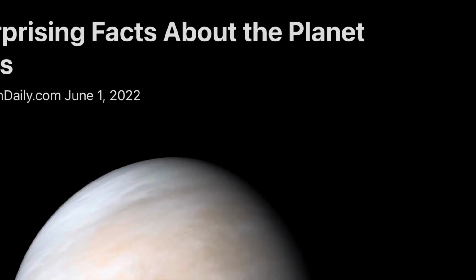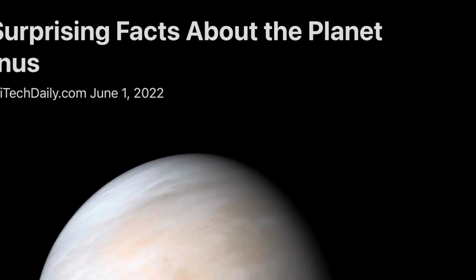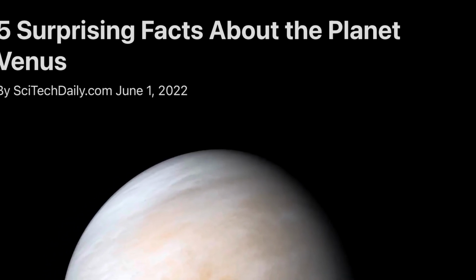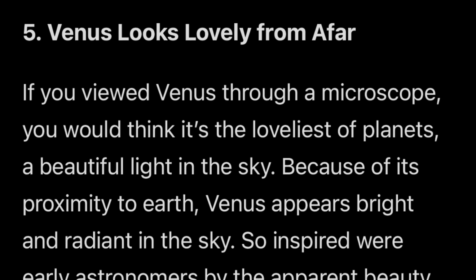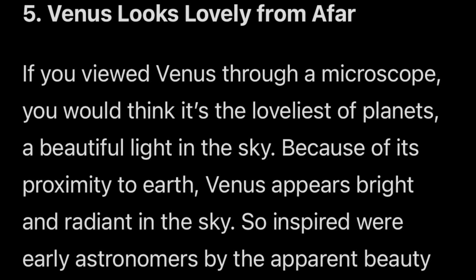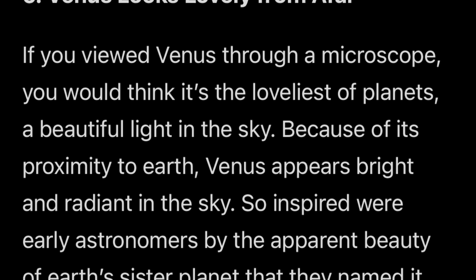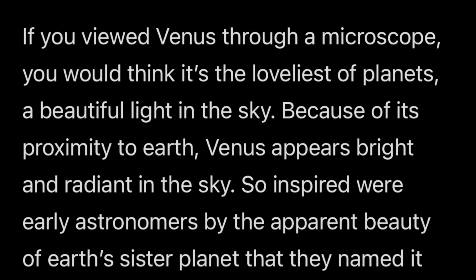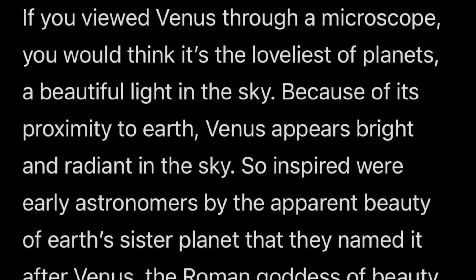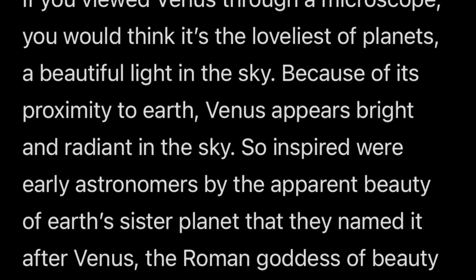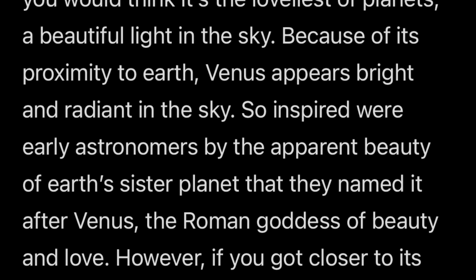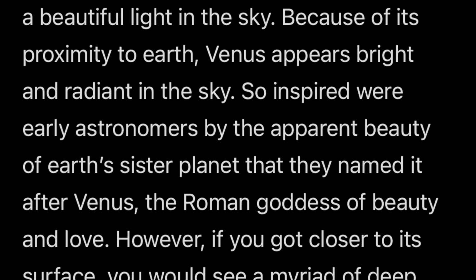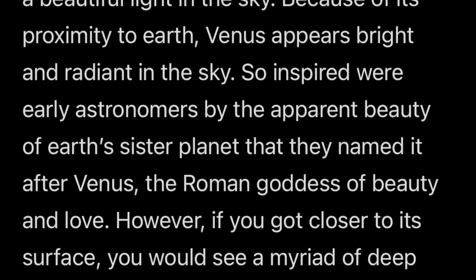So I wanted to take another look at this article, 5 Surprising Facts About the Planet Venus, starting with number 5. If you viewed Venus through a microscope, you would think it's the loveliest of planets, a beautiful light in the sky. Because of its proximity to Earth, Venus appears bright and radiant in the sky. So inspired were early astronomers by the apparent beauty of Earth's sister planet that they named it after Venus, the Roman goddess of beauty and love.